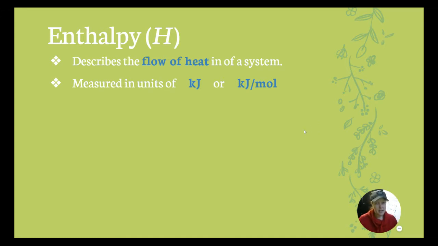Now, I've mentioned this before, but knowing your units and your variables for thermochemistry is so important, okay? Please make sure you know that capital H is enthalpy, and it's measured in kilojoules or kilojoules per mole. If you're getting a little rusty on those units, make sure you take a look at the Quizlet that I posted on the webpage.